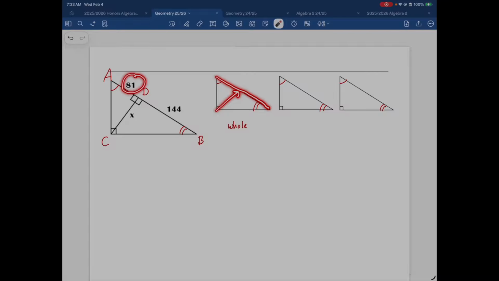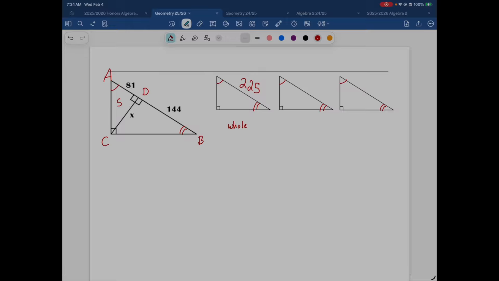The length of this side is going to be 81 plus 144. If I take 81 plus 144, that tells me that this side is 225. And I don't know any more of them. That's the only one that I know.